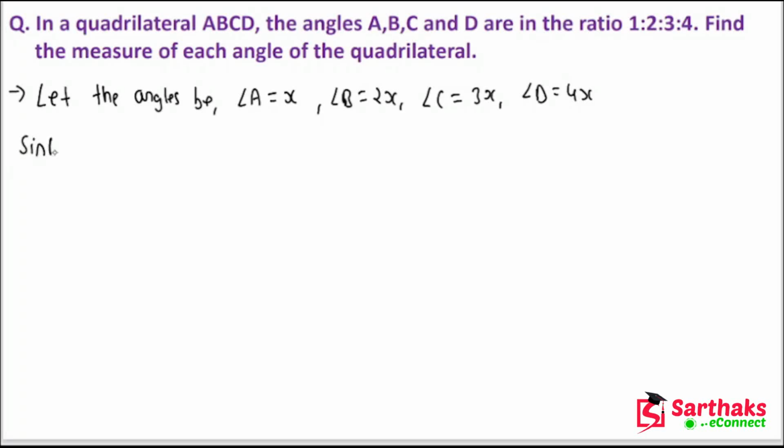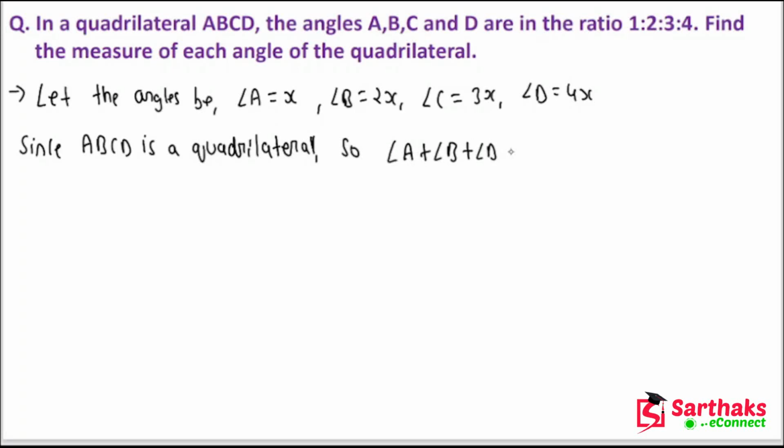Since ABCD is a quadrilateral, angle A plus angle B plus angle C plus angle D should be 360 degrees.